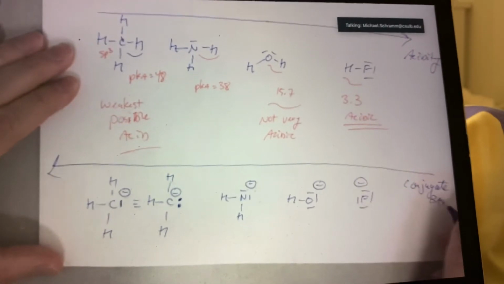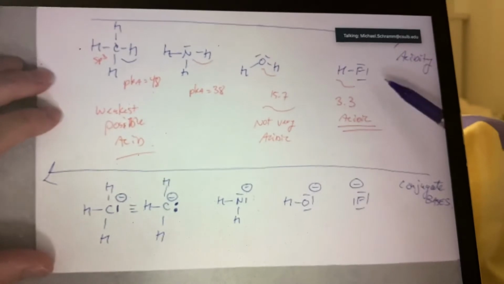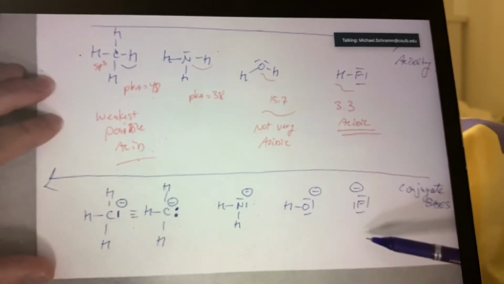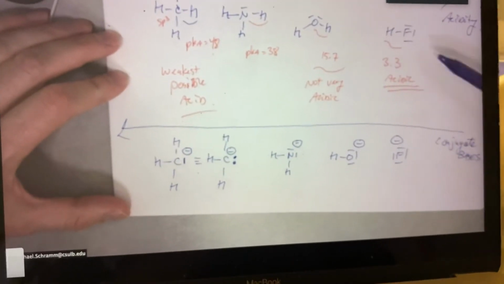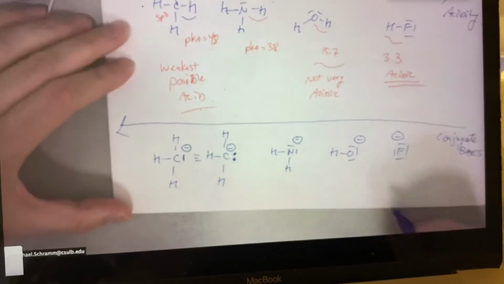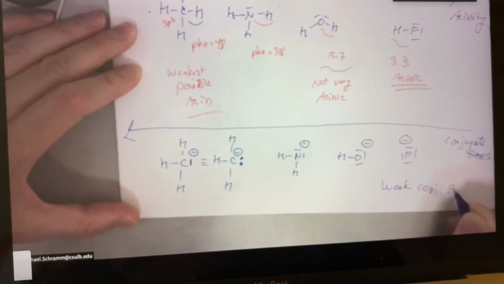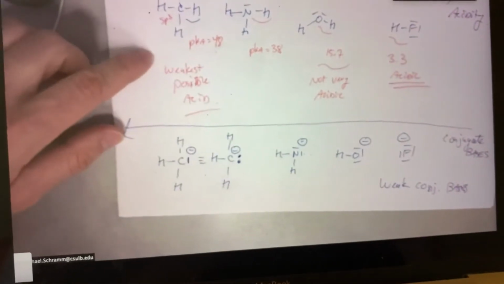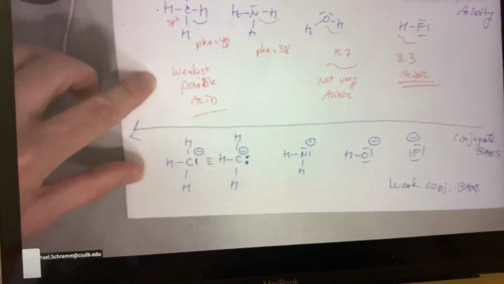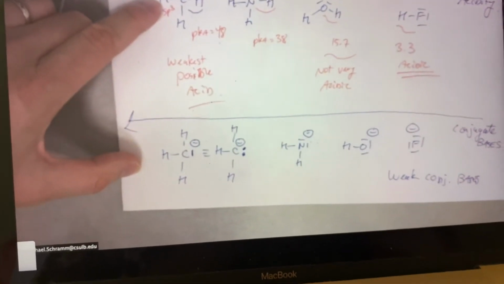We also mentioned it in the first few minutes of lecture today: a strong acid has what type of conjugate base? Does a strong acid have a strong conjugate base or a weak conjugate base? Strong acids have very weak conjugate bases. A weak acid, and this is the weakest possible acid we can imagine, or one of the weakest that can even be measured, very rarely gives up a proton in an acid-base reaction.